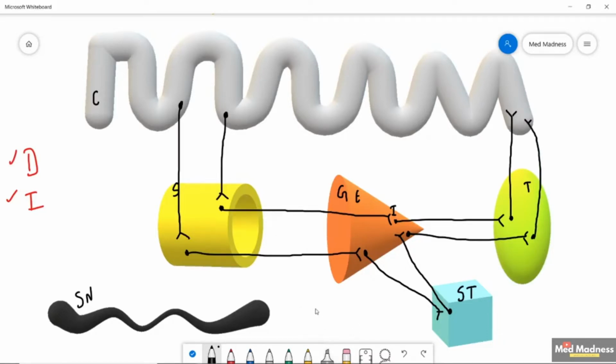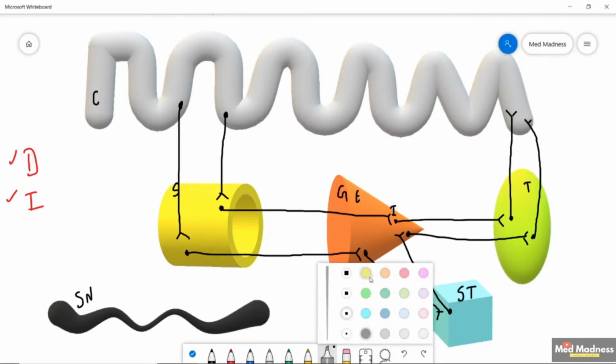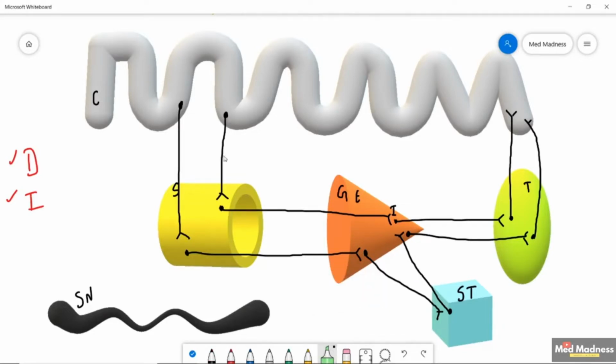So now some neurons are excitatory and some neurons are inhibitory. Remember this point. The neurons that come out of the cortex are going to be stimulatory, that is, they release glutamate. The neurons that come out from the thalamus are again stimulatory, releasing glutamate in the cortex here.